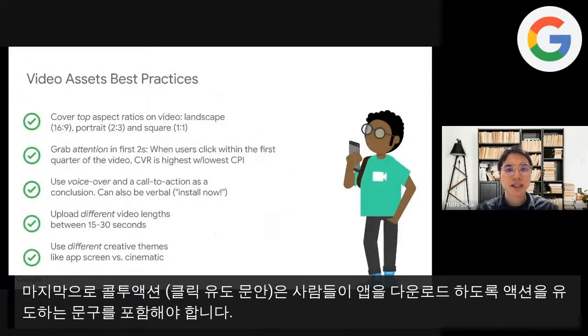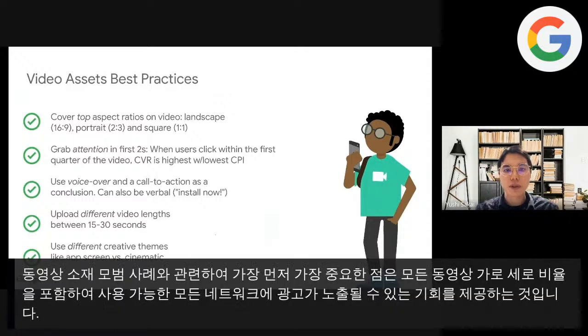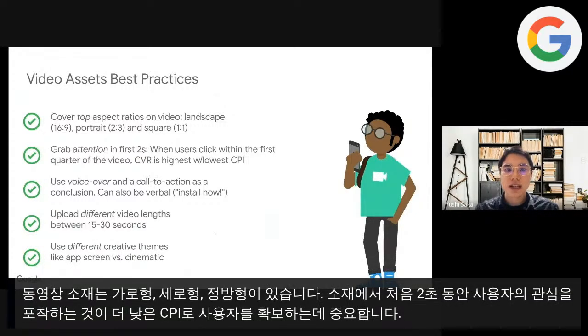Regarding video asset practice, first and most important point is to cover all the video aspect ratios to give a chance for your ads to be shown in all available networks. They are landscape, portrait, and square. Also, by capturing the user's interest in the first 2 seconds, you can acquire users at a lower CPI.